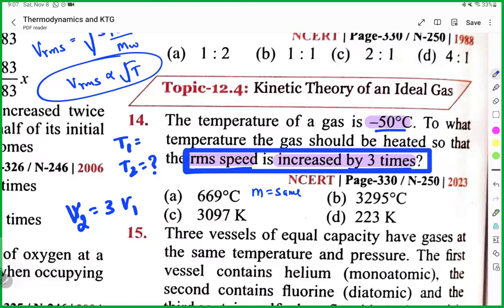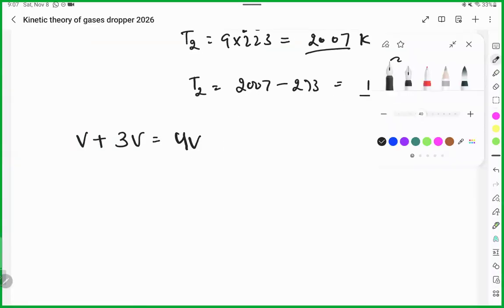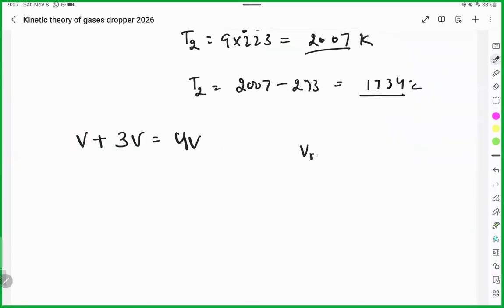That is the difference. If somebody tells you the new RMS is 3 times of the old RMS, it is a different thing. If they say increase by 3 times, it means initially it was v and it increases by 3 times, so it becomes a total of 4v.